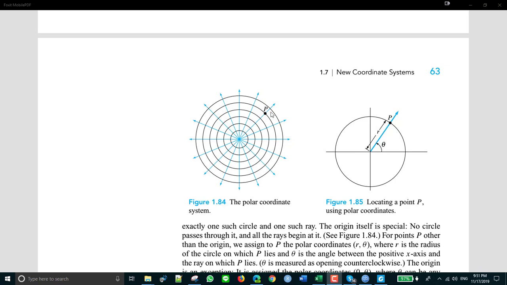And this could be like the polar coordinate system. We have many different distances, many different angles, and all the different possible radii.